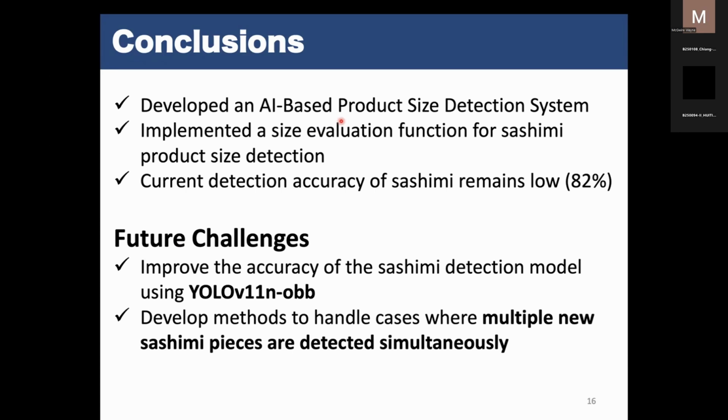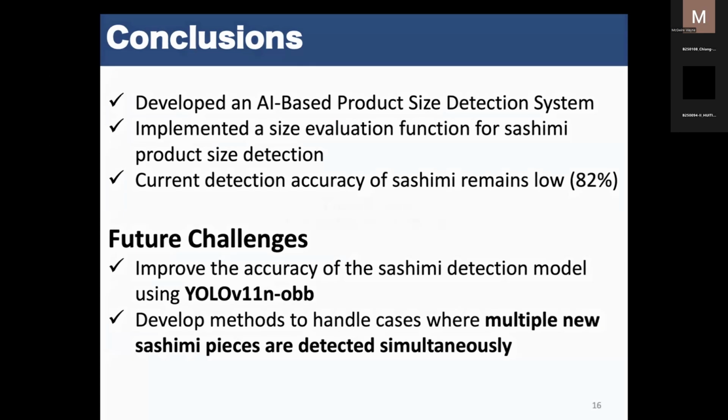Following YOLO v8, we found higher accuracy, but we still need to focus on improving the accuracy of the proposed system. We also aim to expand the model's robustness across more seafood varieties and optimize the real-time performance in diverse factory conditions.